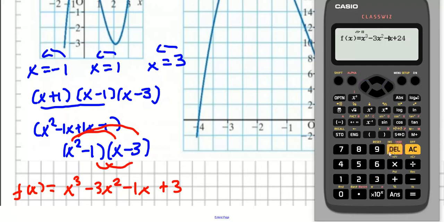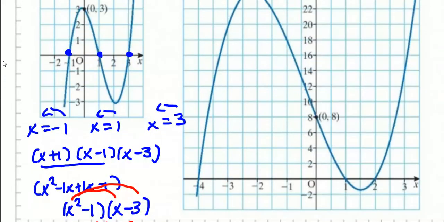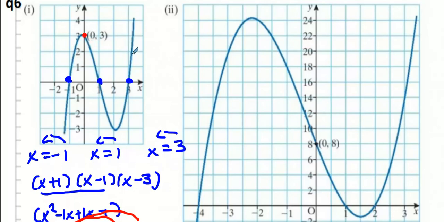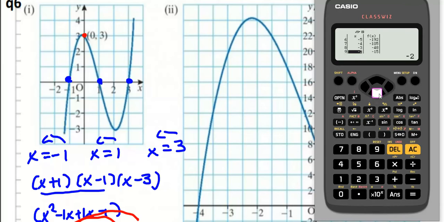Sorry, I know your attention span's probably long gone at this stage. I always go minus 10 to plus 10. But anywho, lads, where does it cross the y-axis? 0, 3. Let's find out. It does.